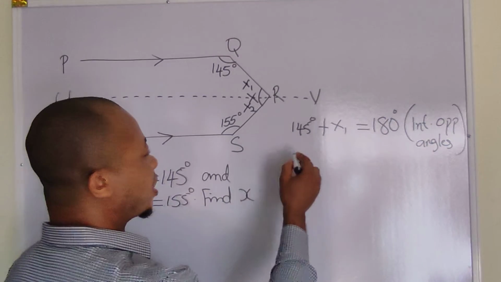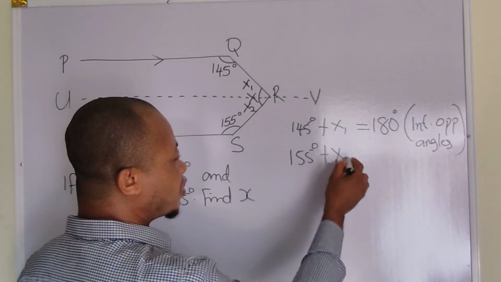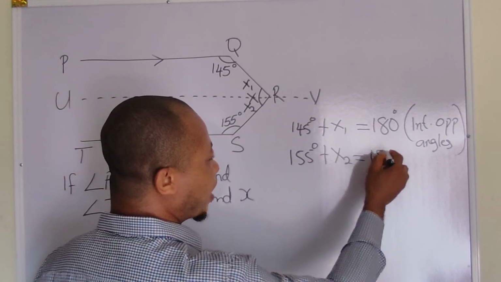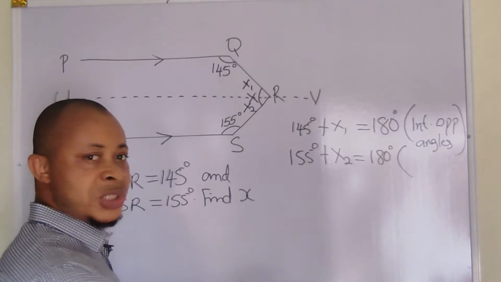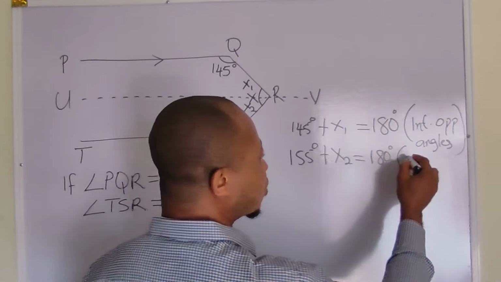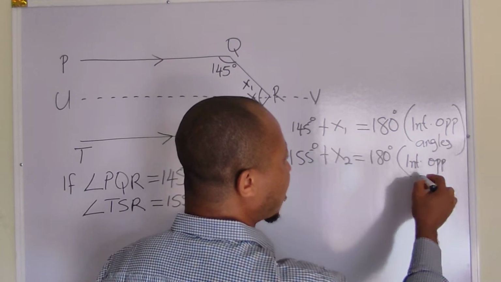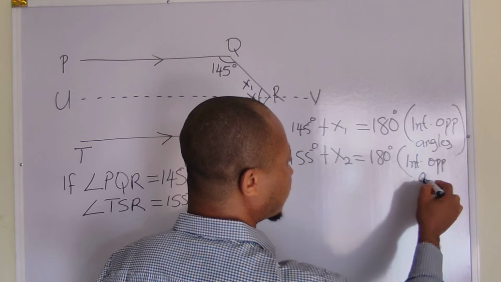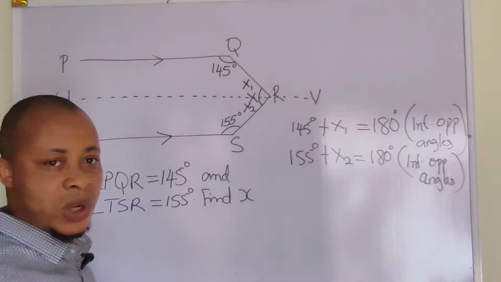We also say that 155 degrees plus x2 equals 180 degrees. Reason is sum of interior opposite angles equals 180 as well. So you also give your reason interior opposite angles in bracket as well.